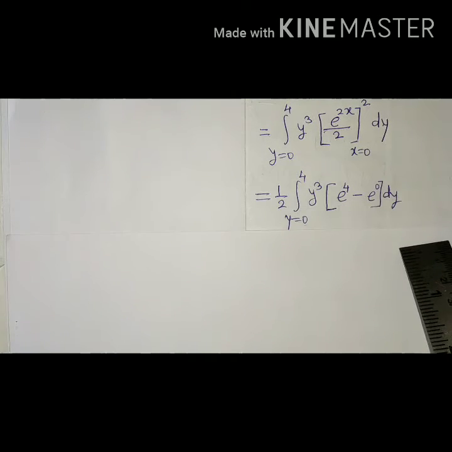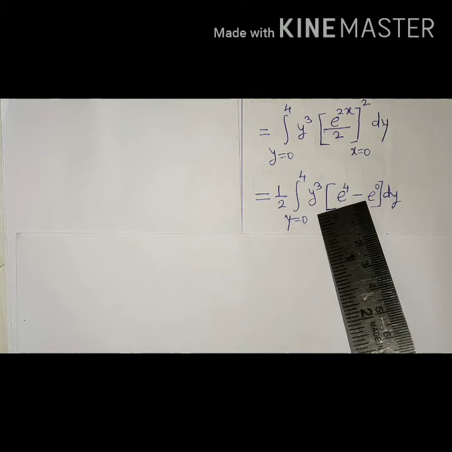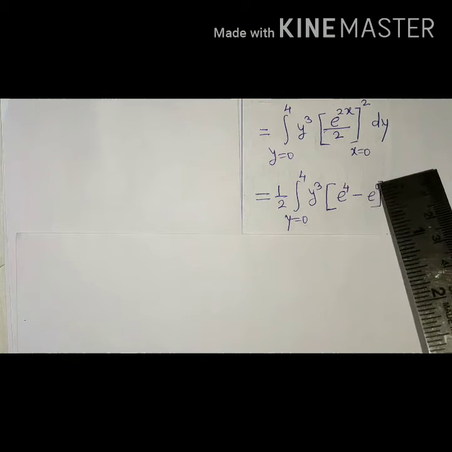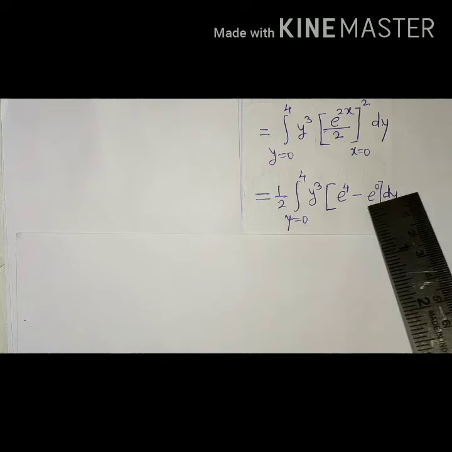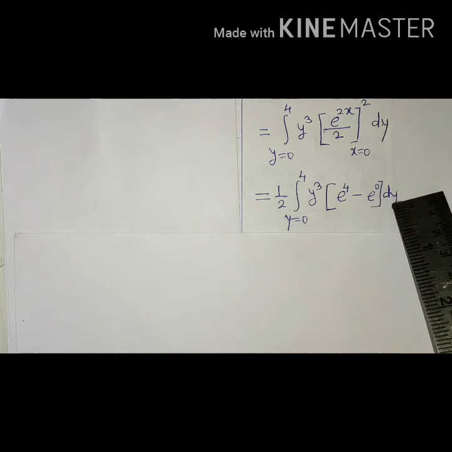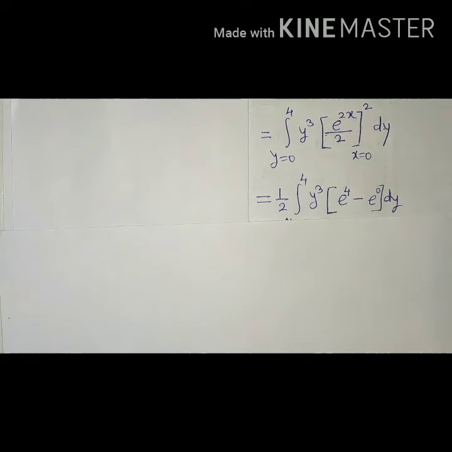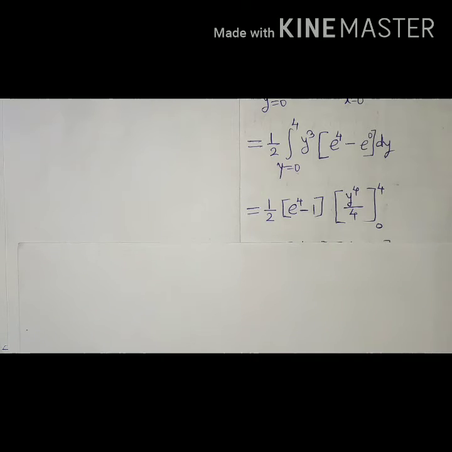What next we observe is, this half we have taken out, y cube is as it is. The upper limit is x equal to 2, so it becomes e raised to 4, minus the lower limit is e raised to 0, and outside we are having dy. Further, the value of e raised to 0 we have put as 1.